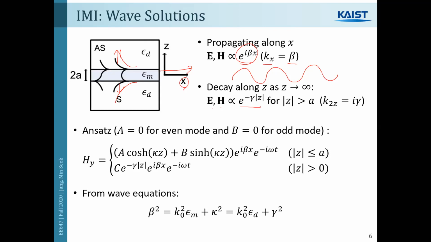Of course, PEC waveguides and plasmonic waveguides share some properties, but the biggest difference is that a PEC waveguide assumes the conductivity of the metal to be infinity. And because this is infinity, epsilon is also infinity.